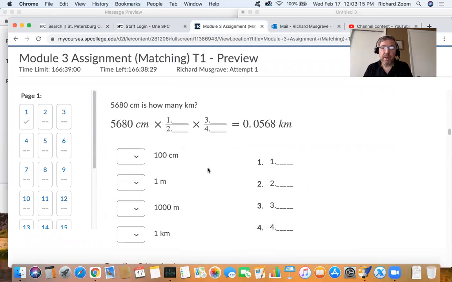For this one here, centimeters have to cancel, so that would go in number 2. And then number 3, we need kilometers at number 3, so we'll find that 3. And then we have to figure out what goes in 1 and 4. Now the relationship for 1 meter is 100 centimeters, so that's number 1. And the 1,000 meters, that'll be number 4. And that would be how you complete these kinds of questions.